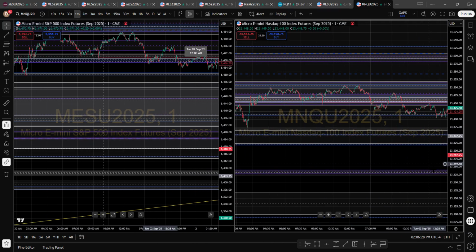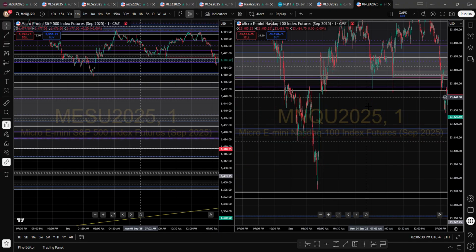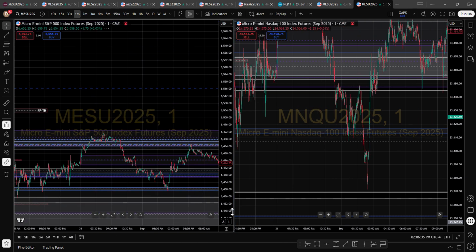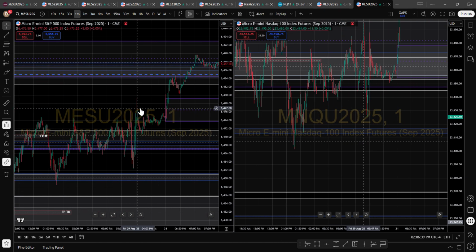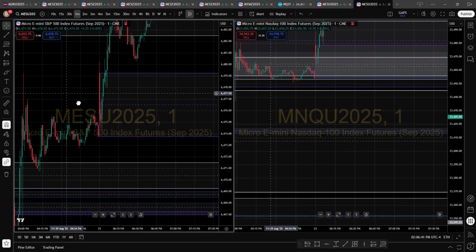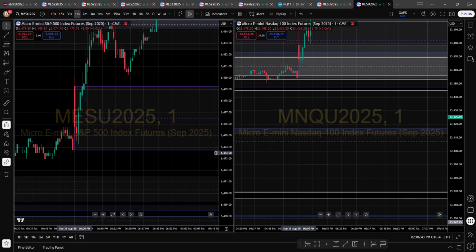So what you'll notice here, if we go back and I'm looking at new week opening gap, is where did we finish on Friday? If I'm looking at the ES, so Friday 459, we closed down here.